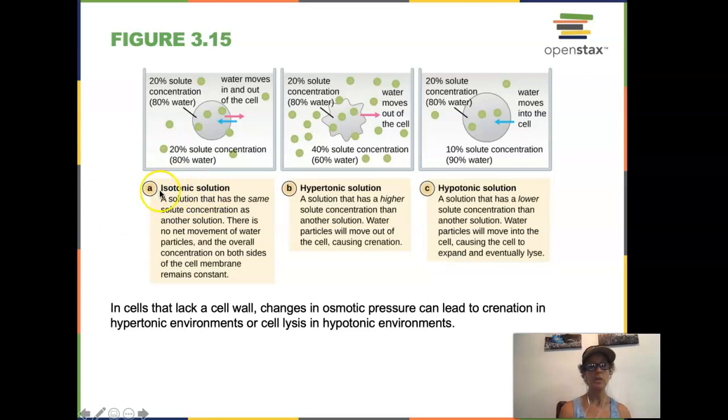And iso means the same. So in this case, we have a 20% solute concentration outside the cell and a 20% solution inside the cell. Water can move in and out of the cell, but will do so equally. One water molecule out, one water molecule in.